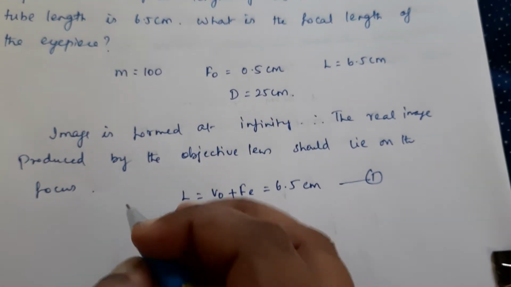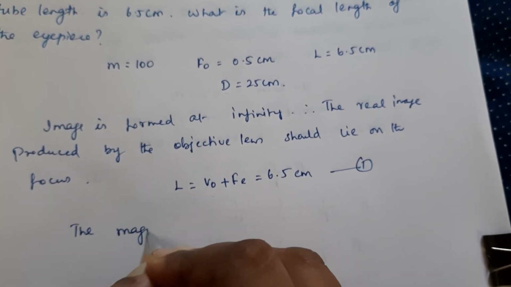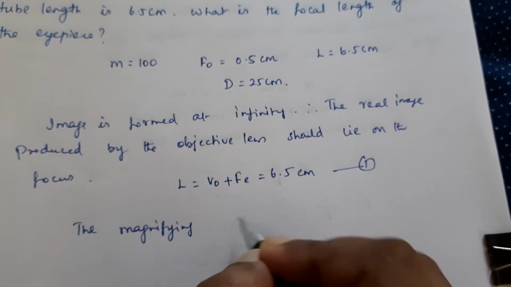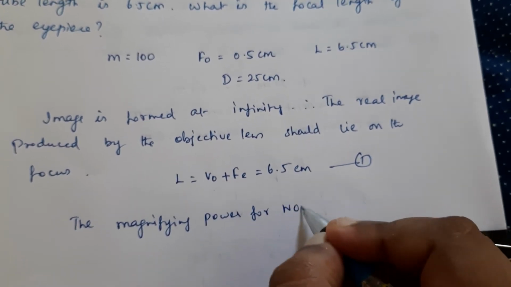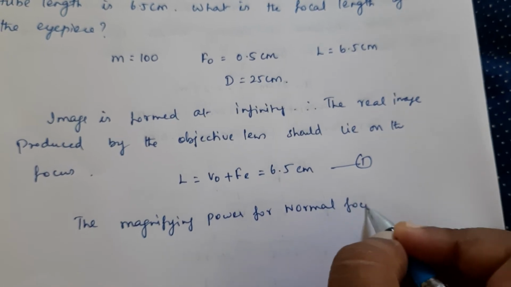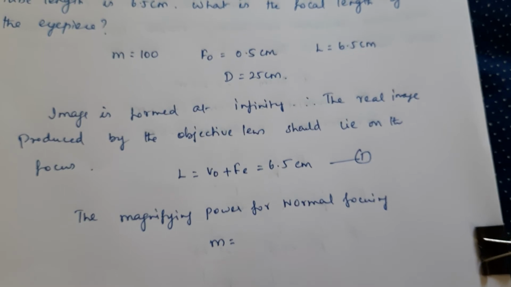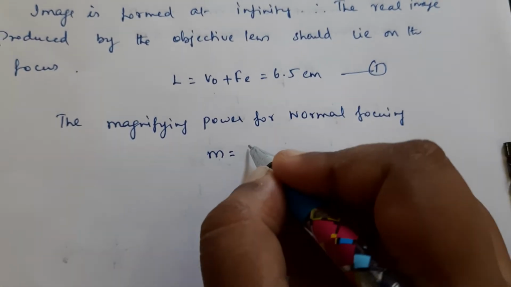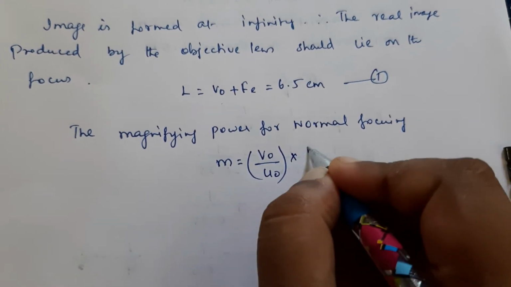Now, the magnifying power for normal focusing, that is M, is equal to, here we are going to use the formula V0 by U0 into D by Fe.